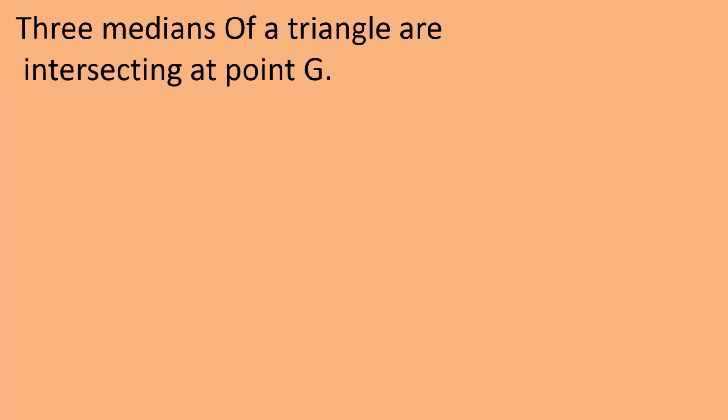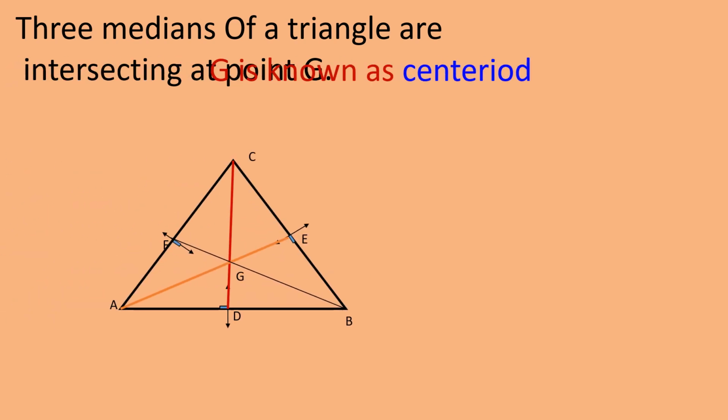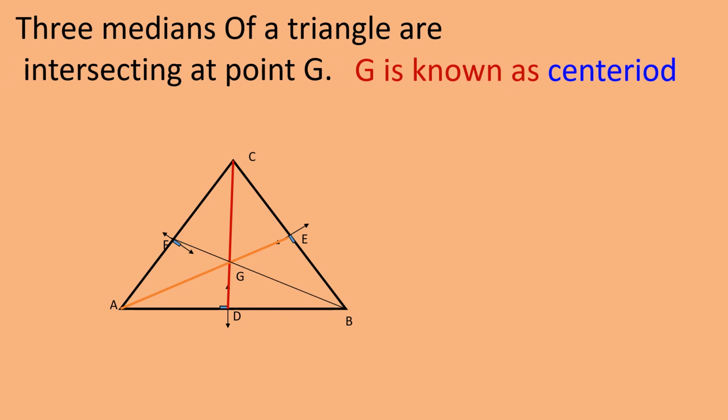Now we will learn what we call the point where the three medians of a triangle intersect, point G. Here, we call it the centroid. They are concurrent lines. They are intersecting at one point G. So G is known as the centroid, and it has certain properties.